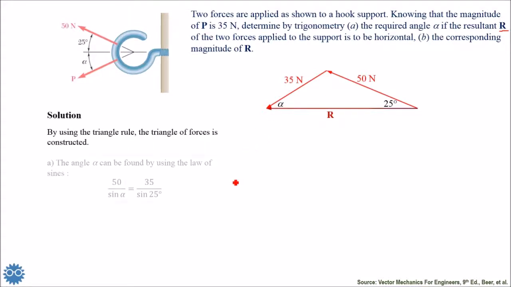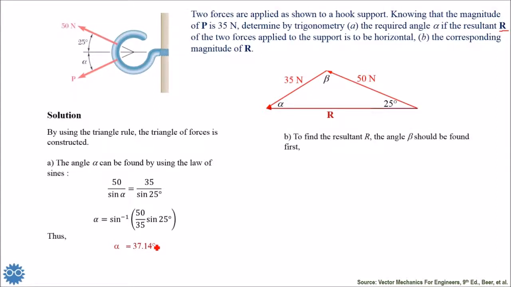So the angle alpha can be found by the law of sines. Very directly we can find it. We have 50 over sine alpha equals 35 over sine 25 degrees, and here we get alpha equals arc sine of 50 over 35 multiplied by sine 25. Then we get that alpha equals 37.14 degrees. So directly we can get it from the triangle.